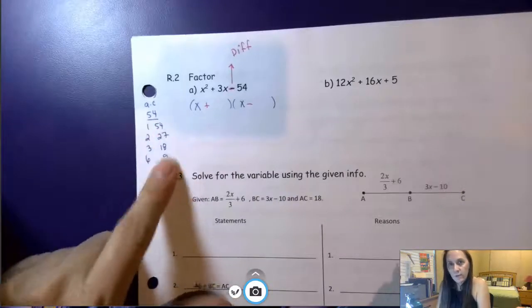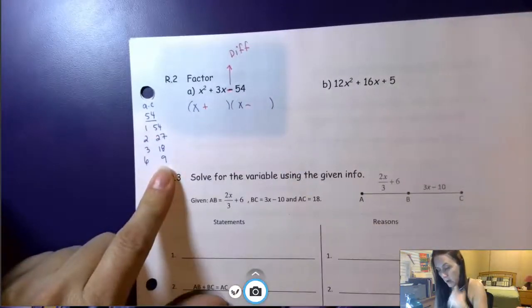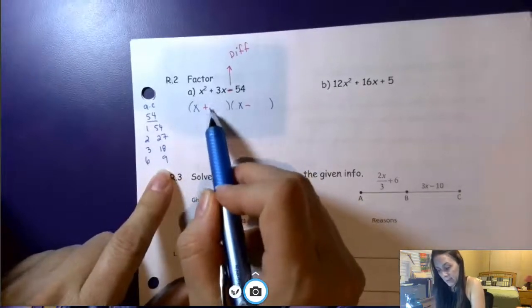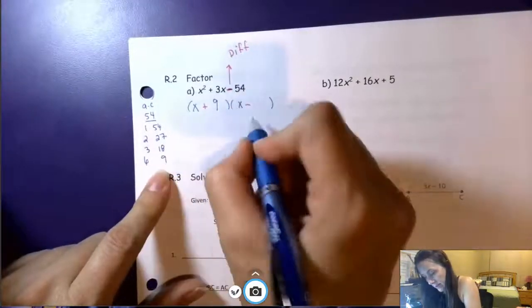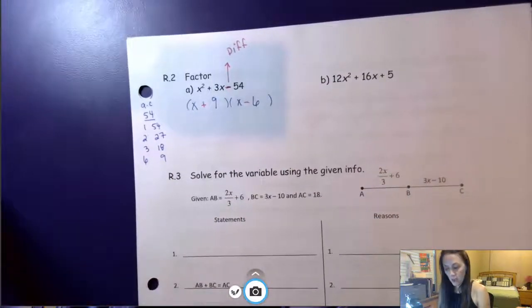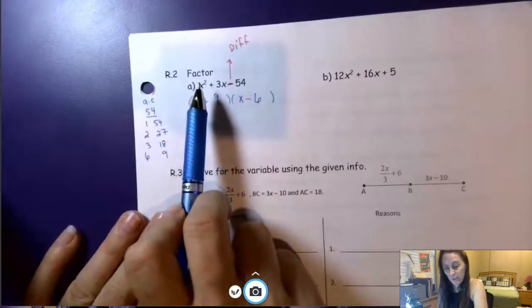Is there a combination of factors that is going to have a difference of my middle term? The combination is going to be 9 and 6. Which one has to be positive to give me a positive 3? So if I have a positive 9 and a negative 6, there we go, I'm done. Box that in. You can always check by foiling this back together, make sure you got the same answer.